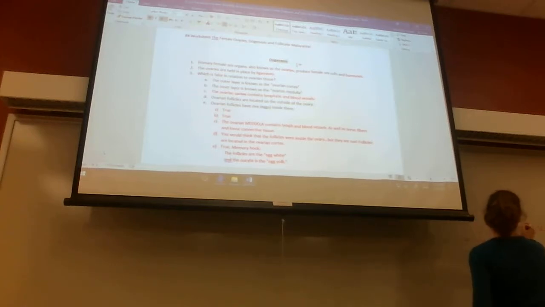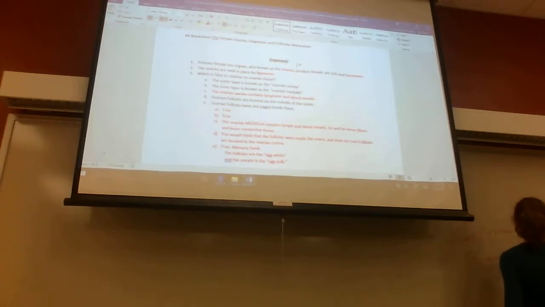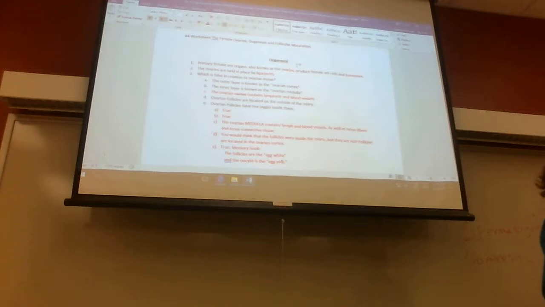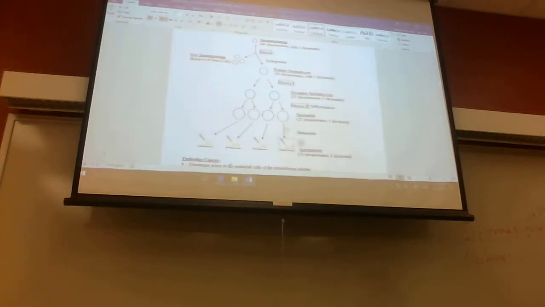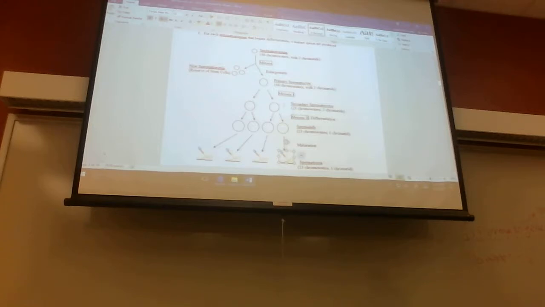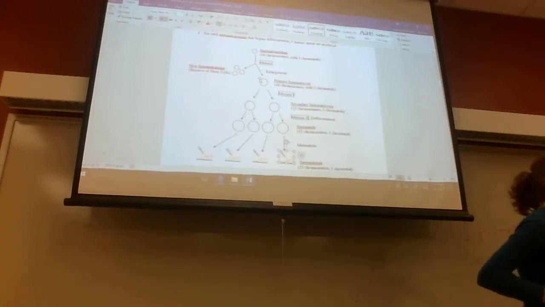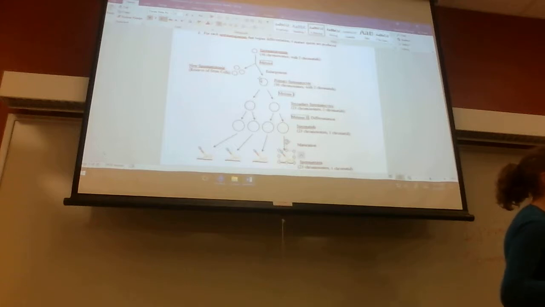Spermatogenesis, so sperm means cell, genesis means like to grow. So spermatogenesis, that whole process, I'll put this in the folder. Mark has something like this, a diagram of it. This is spermatogenesis. Basically, it shows how sperm cells develop. And that's what the second worksheet that we went through covered.